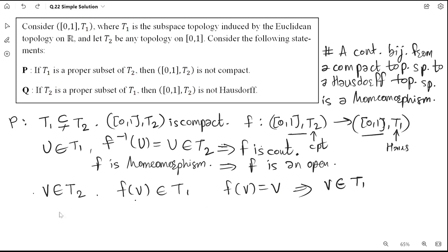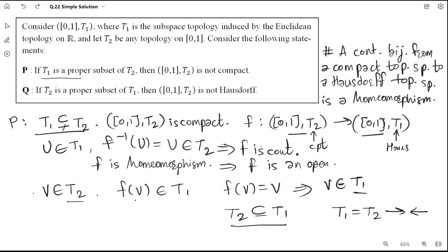So every element of T2 is an element of T1. So T2 is contained in T1. So from this and this, we get T1 is equal to T2, and this is a contradiction because we have the hypothesis that T1 is a proper subset of T2. So this is a contradiction. So it means that this cannot be compact, right? So P is true.